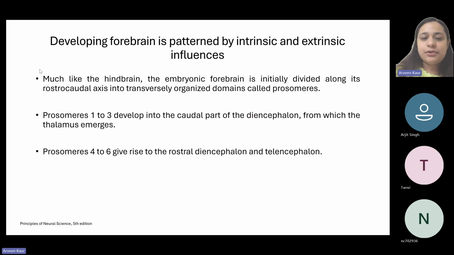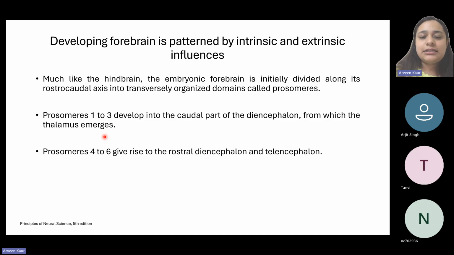So, for instance, prosomeres 1 to 3, they develop into caudal part of the diencephalon, right, from which the thalamus emerges. So we know, we have studied about what is diencephalon. It has three major regions in the mature developed brain. They are the thalamus, epithalamus, and hypothalamus, right?